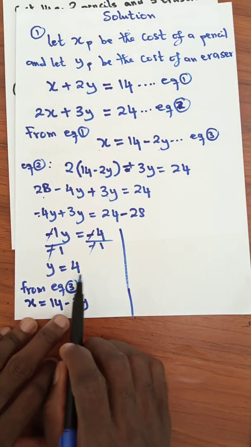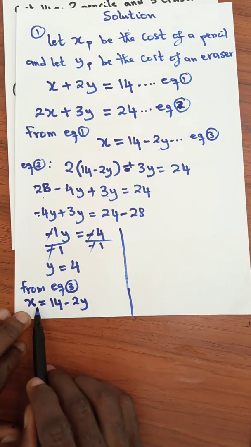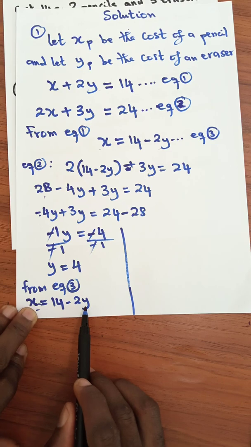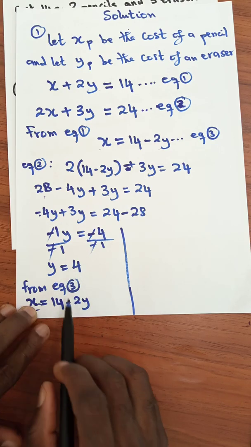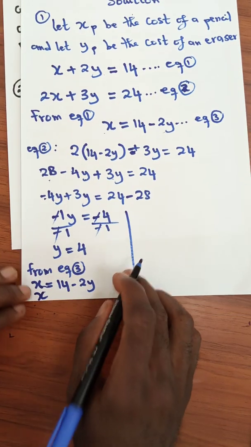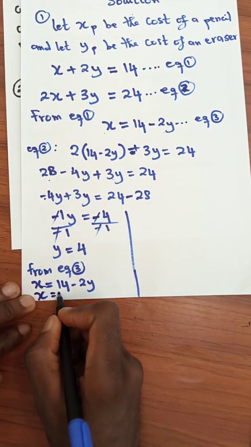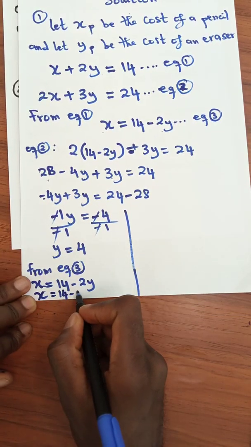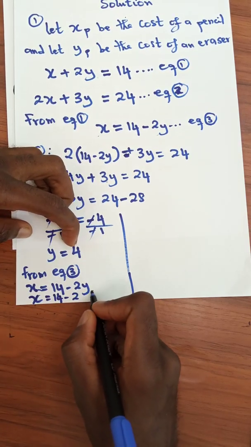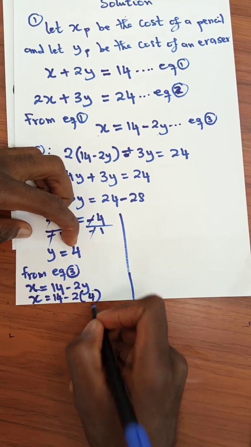So it means now we've gotten the value of y. Wherever we see y in equation 3, we put 4 there, right? So x is equal to 14 minus 2. The value of y here is 4. So I'll put 2 into bracket 4, right?